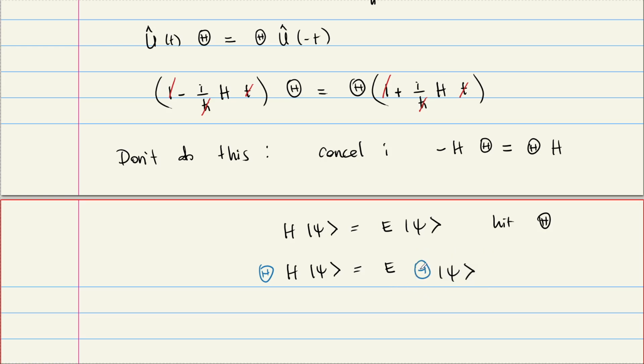But here we found if you jump theta over H, you just pick up a minus sign, right? Theta jumping over here, you need to pick up a minus sign. That means we have H theta psi is equal to E theta psi. Sorry, I missed a minus sign here.